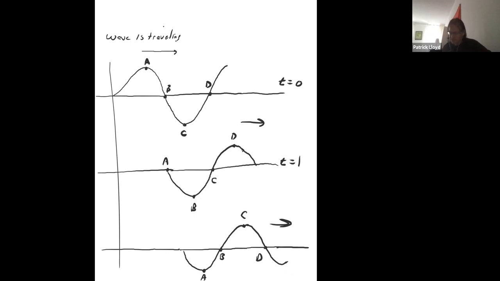okay? And it's probably useful to think of it this way, as to think of the wave as sort of vibrating up and down, okay? It's undergoing sort of like a vibration. Again, think about it in terms of our mass that's hanging on a spring. So here's our mass.